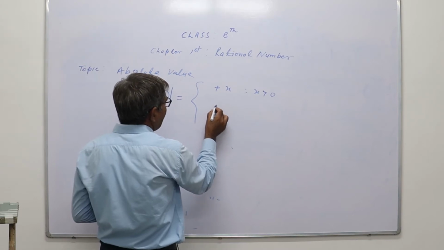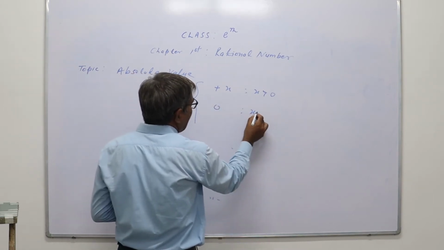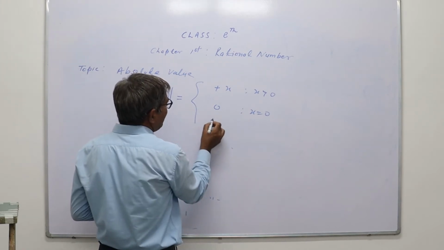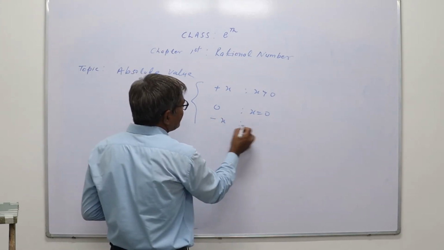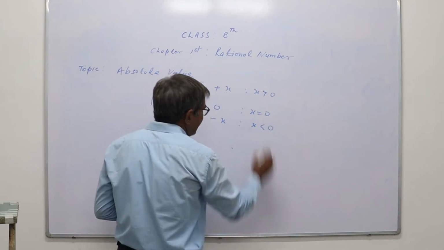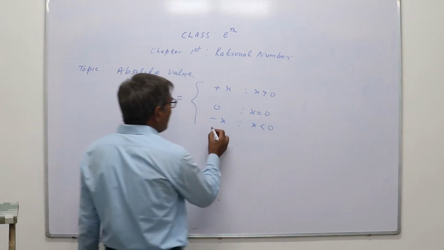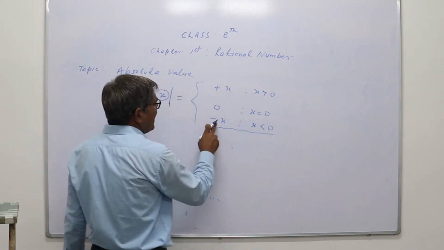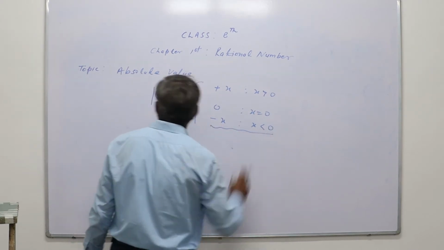Absolute x will be equal to 0 if x itself equals 0, and absolute x will be minus x if x is less than 0. So this is the most important: absolute of x will be minus x when x is less than 0.